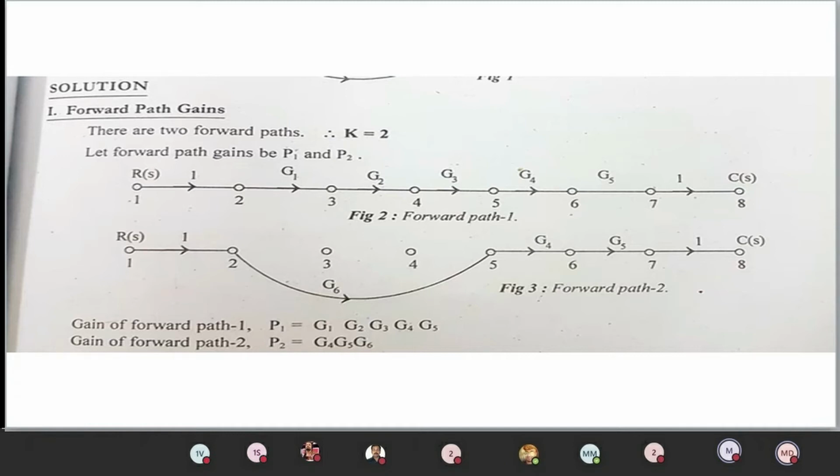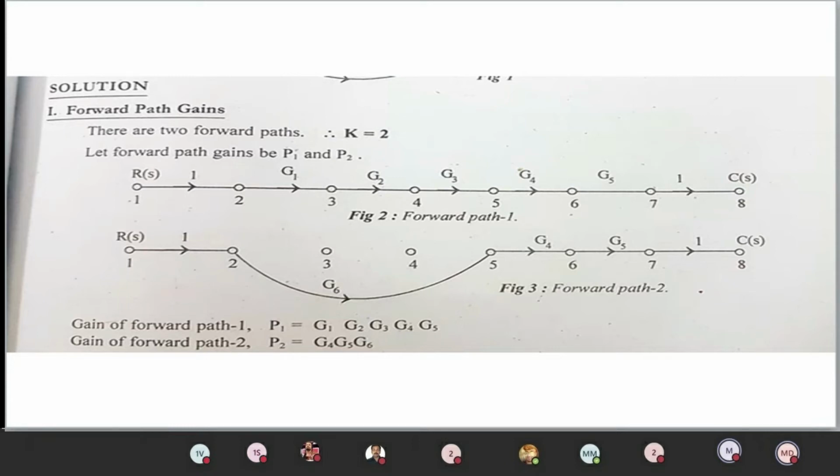First forward path: 1 to 2, 2 to 3, 3 to 4, 4 to 5, 5 to 6, 6 to 7, 7 to 8. Forward path 1 gain is G1, G2, G3, G4, G5. Next, 1 to 2, 2 to 5, 5 to 6, 6 to 7, 7 to 8.